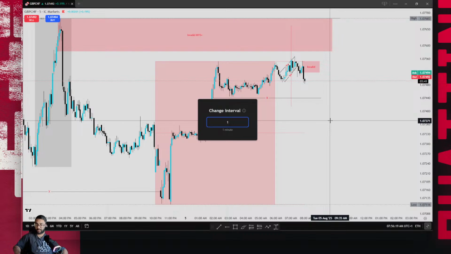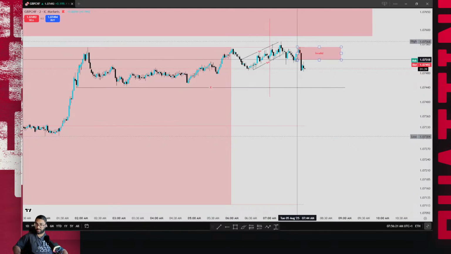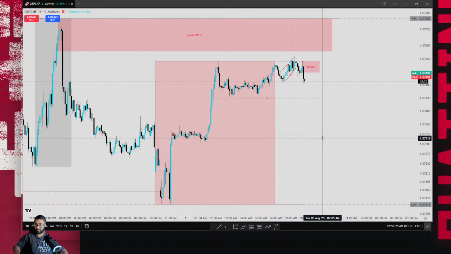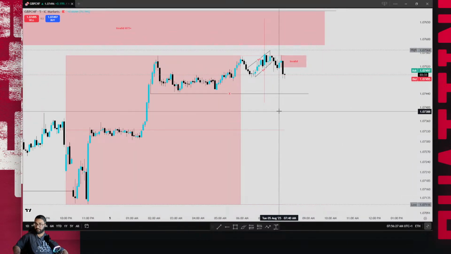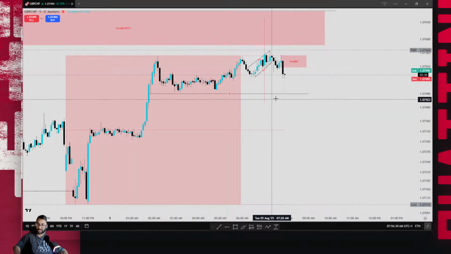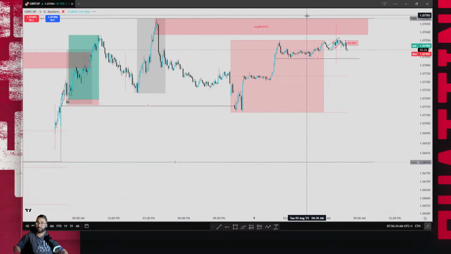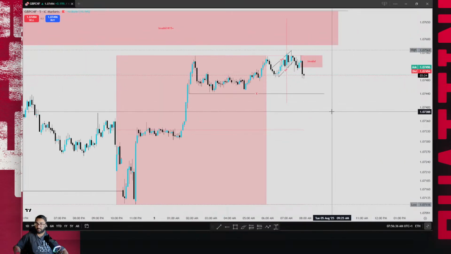Yeah, that makes sense. It lines up with that zone. I think price will come down here, induce this, and then push high to take this zone out. Yeah, that's what I think.